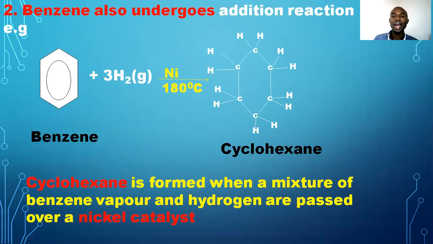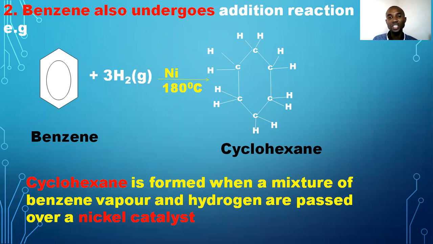Number 2 is addition reaction. Very, very important, and we know that whenever an unsaturated hydrocarbon undergoes addition reaction, the end product will be an alkane. So benzene also undergoes addition reaction. It undergoes that when it undergoes hydrogenation in the presence of nickel catalyst.